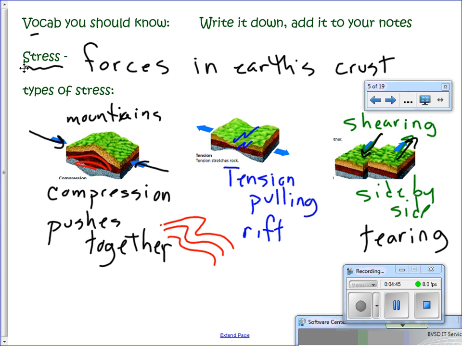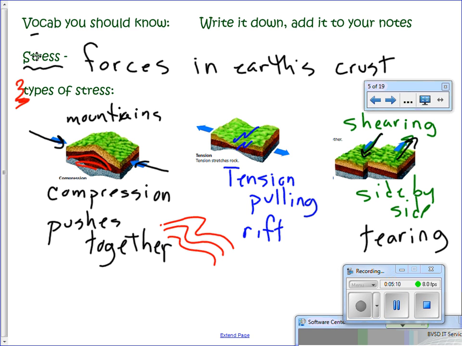So stress: forces in the Earth's crust, and the three types of stress: compression, tension, and shearing. Make sense? Usually with these, I also have pictures on the quiz because it makes it a little bit more straightforward.